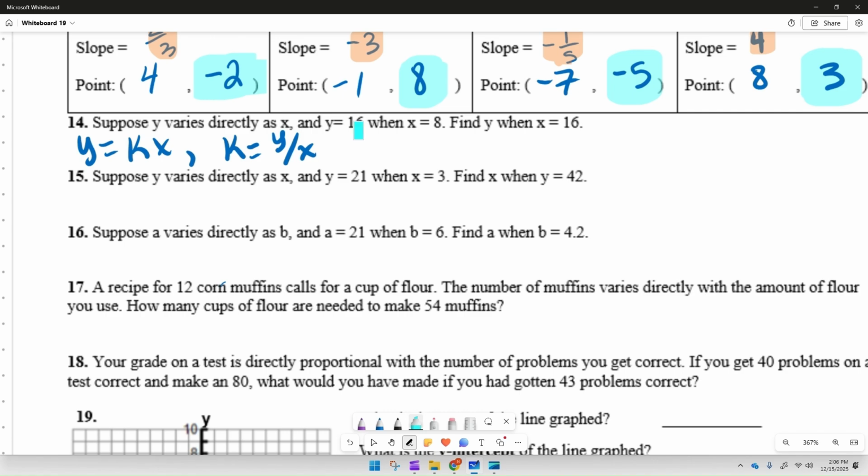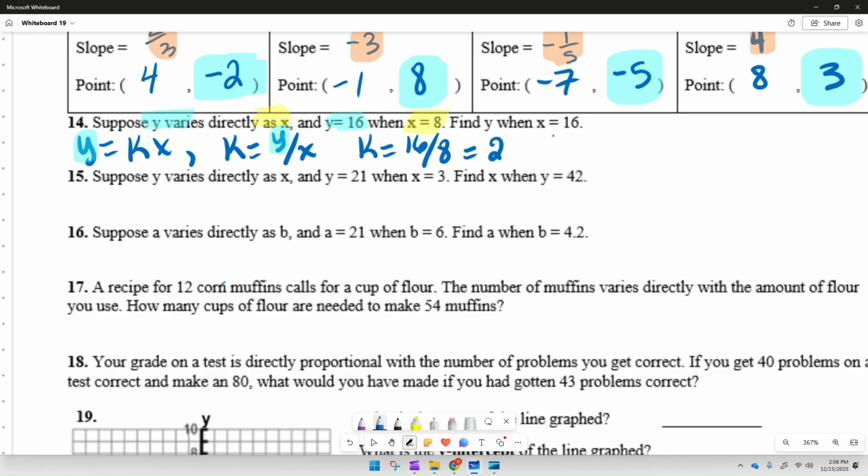So looking at our y values, we've got 16, and then our x value, 8. So k is equal to 16 divided by 8, because that's all we have to do. We don't have to think about the change. That's going to give me 2.